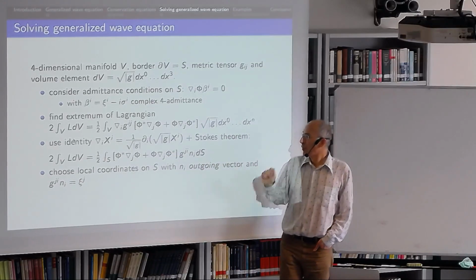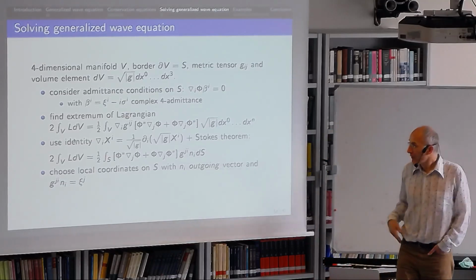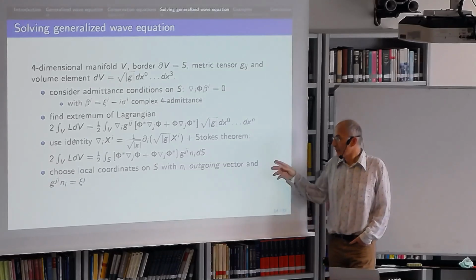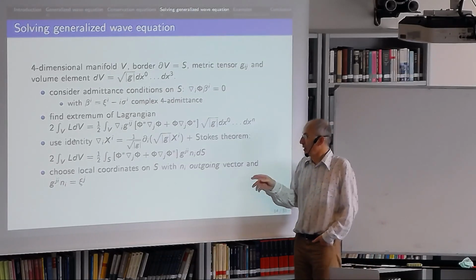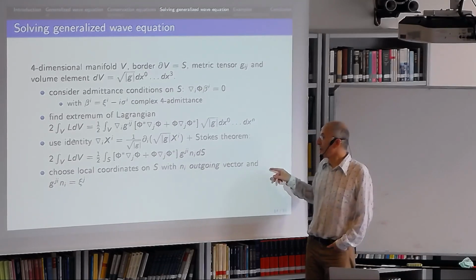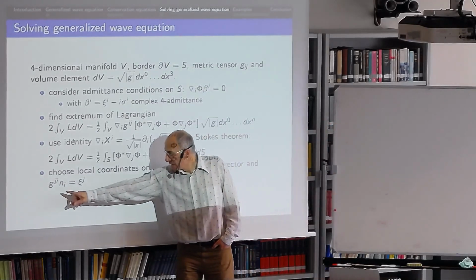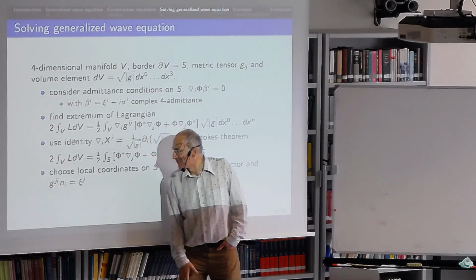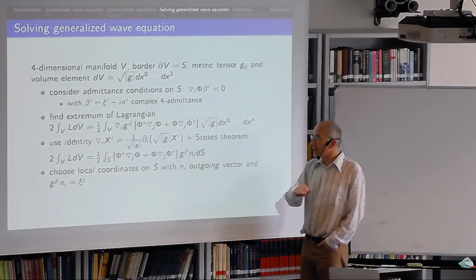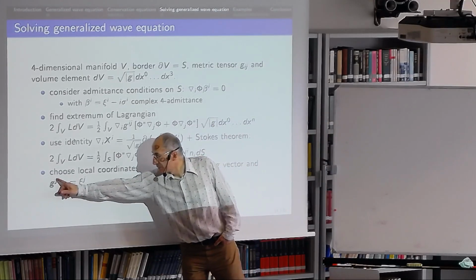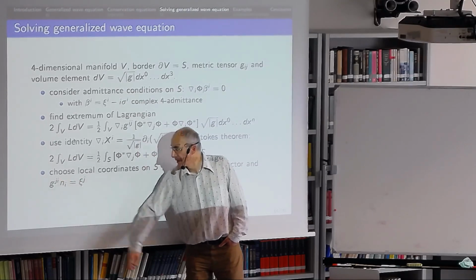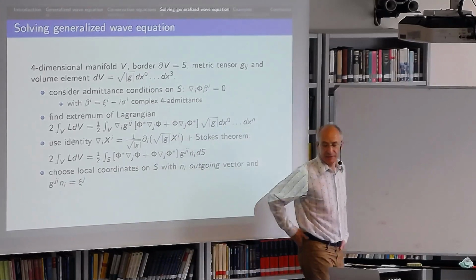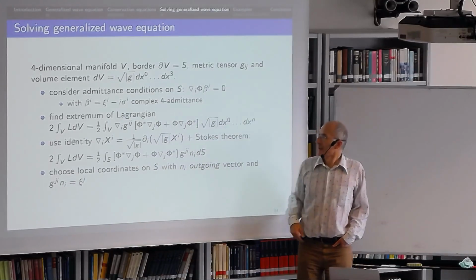So the way to solve this is to introduce or to choose the local coordinate on the surface, and to choose the metric tensor on the boundary, so that the product of the metric tensor multiplied by the outgoing vector will give the complex admittance.